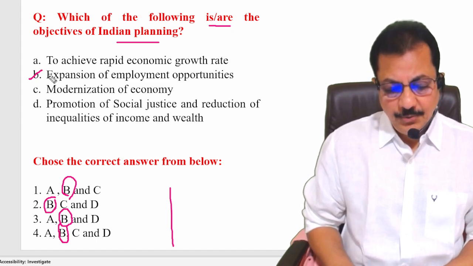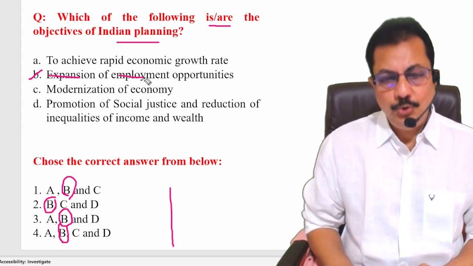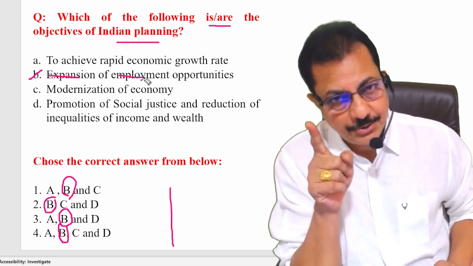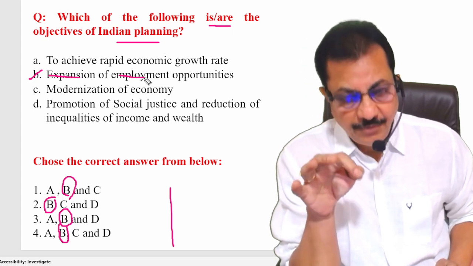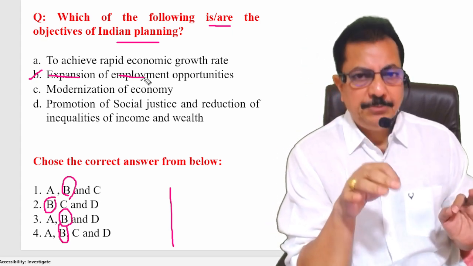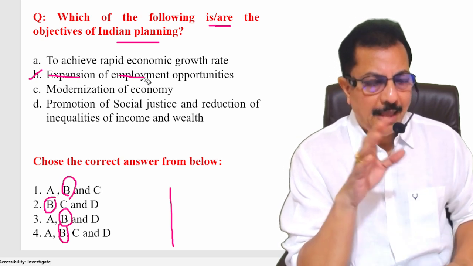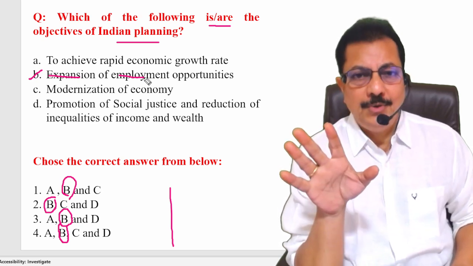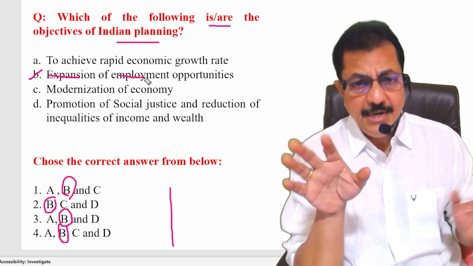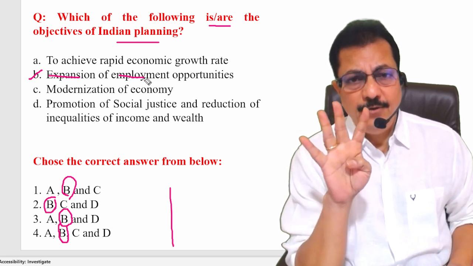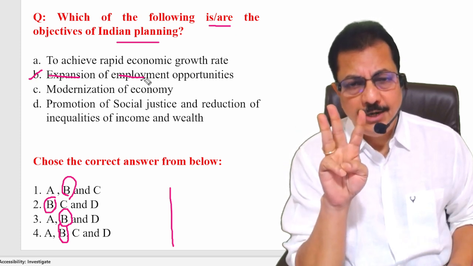That is the reason why you need not read B at all. Don't waste time in the examination. Since you are very sure, because B is present in all the options, you need not read B. Am I clear? So you have reduced this reading burden. Instead of reading 4 statements, you are going to read only 3 now.